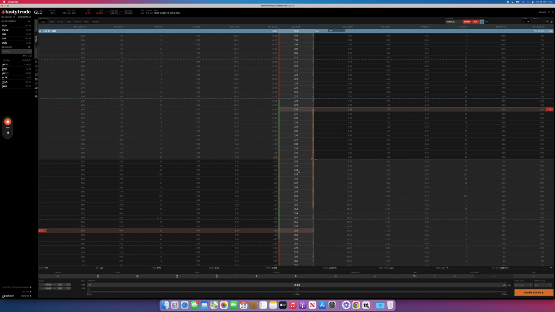Now, as you can see, our contracts are in and around the one standard deviation mark, and they're also outside of the expected move. Well, the put side is just touching the expected move, but if you notice, we have this green bar here, which is our break-even bar.